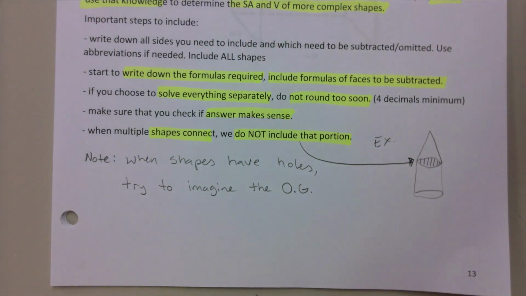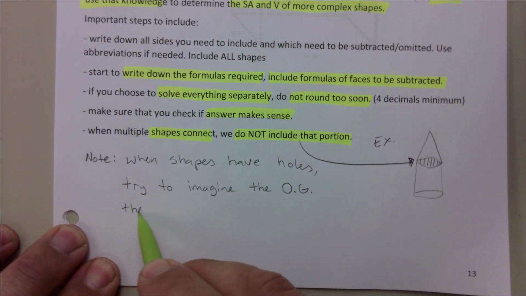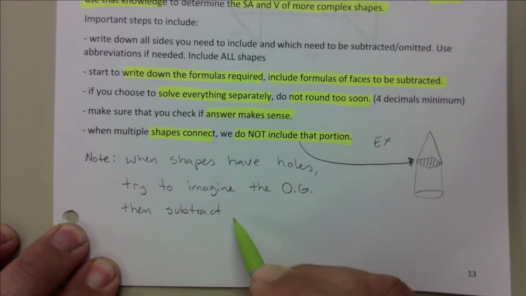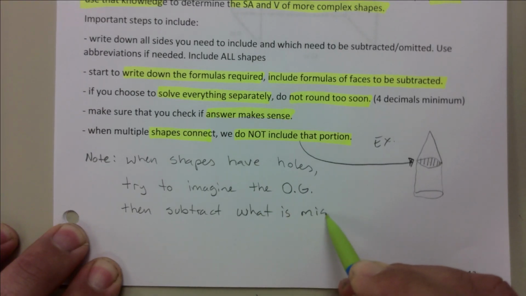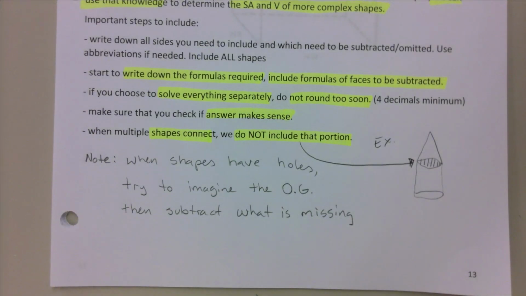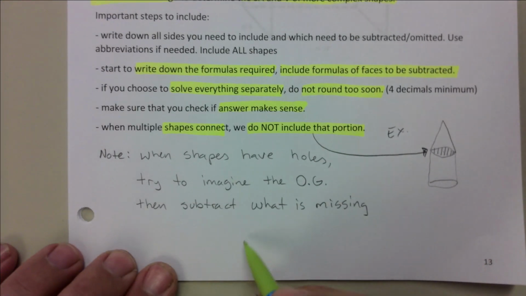The original. Try to imagine that original. Hey, that looks like it used to be a circle, right? Then subtract what is missing. Okay? Subtract what is missing.